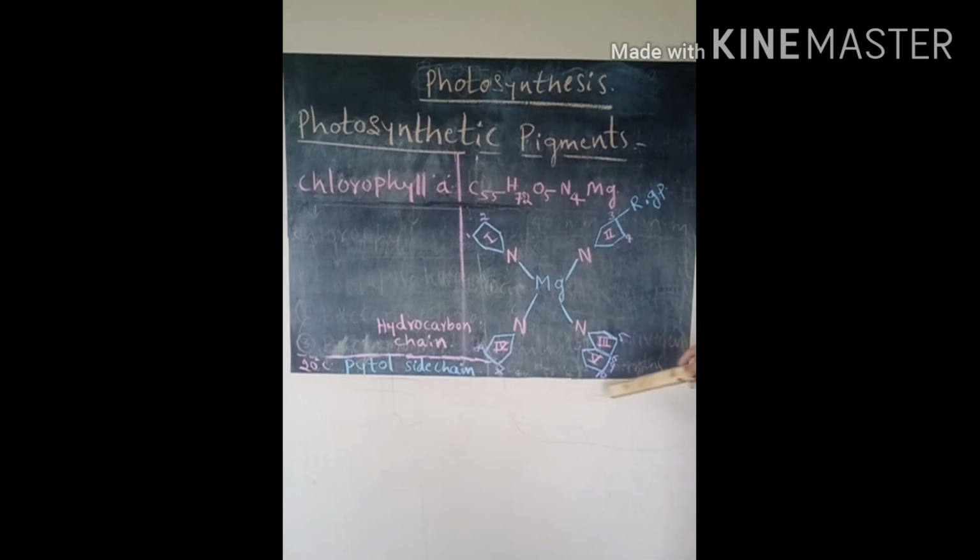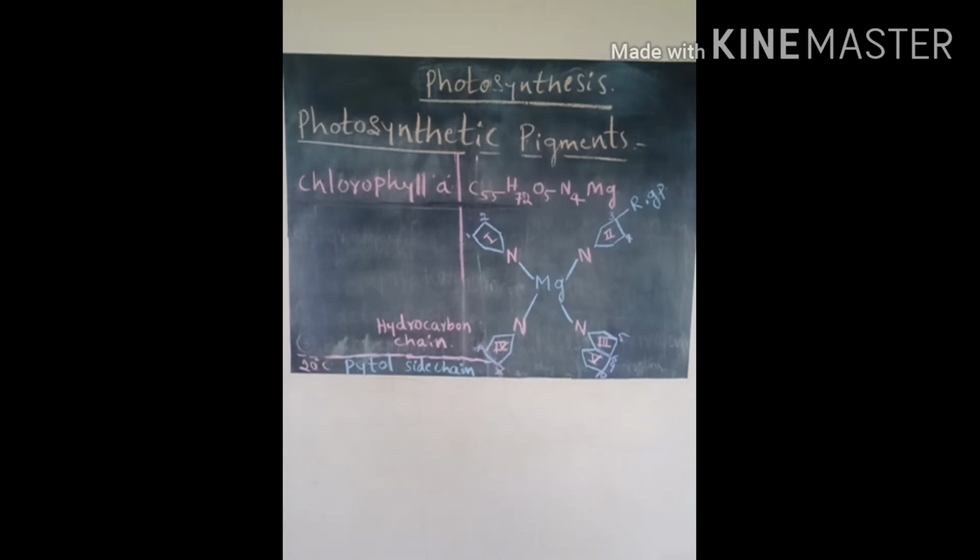The last, 5th ring is called the cyclopentanone ring. Rings 1 to 4 are the pyrrole rings and the 5th ring is the cyclopentanone ring. All these rings together form the head part of the chlorophyll molecule, the porphyrin head, and the tail part is called the phytol side chain.